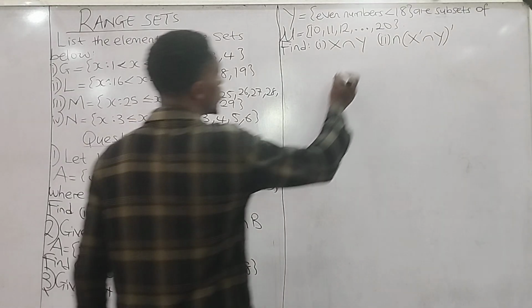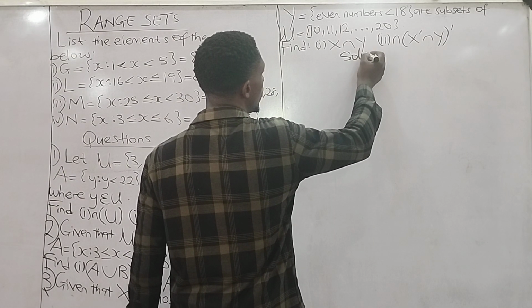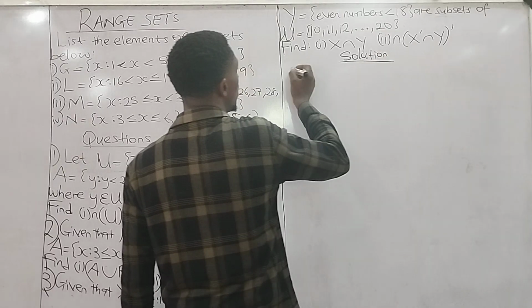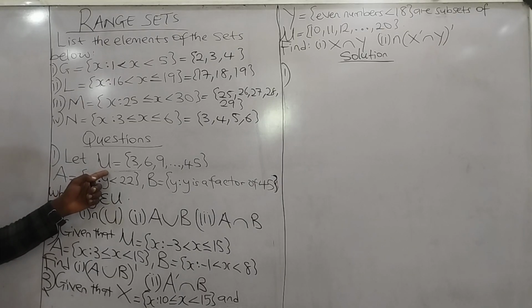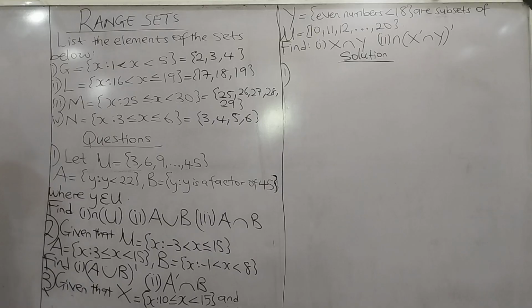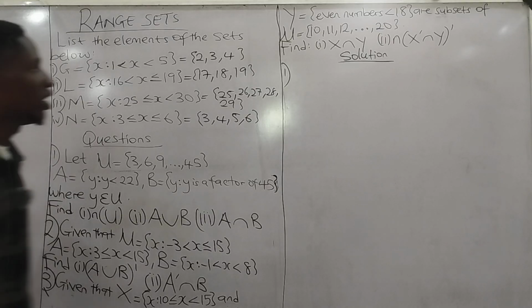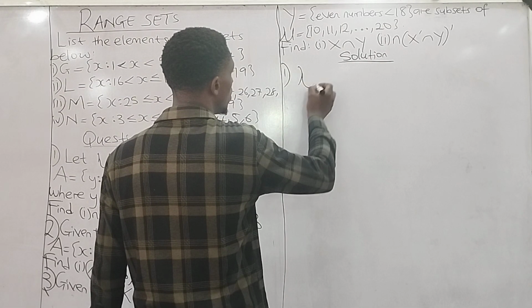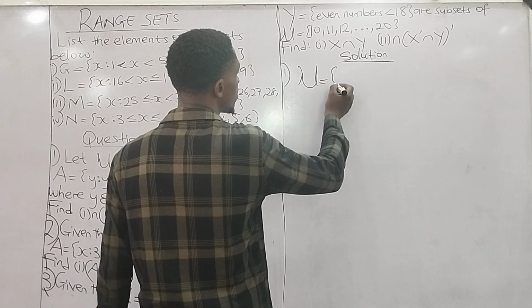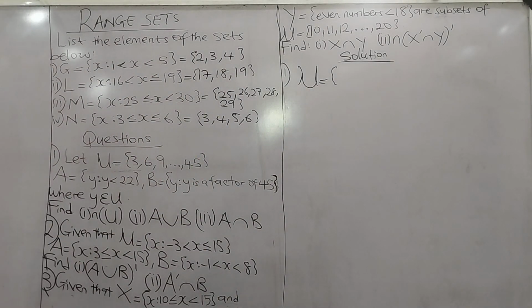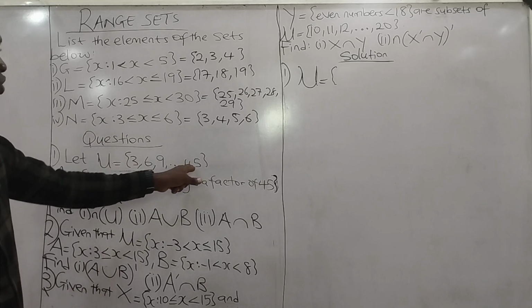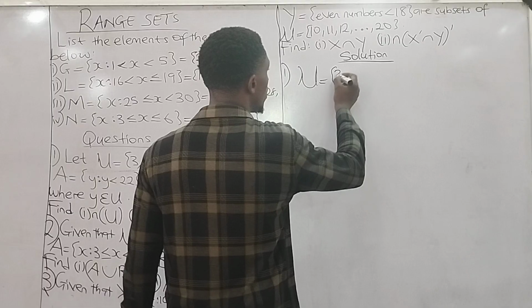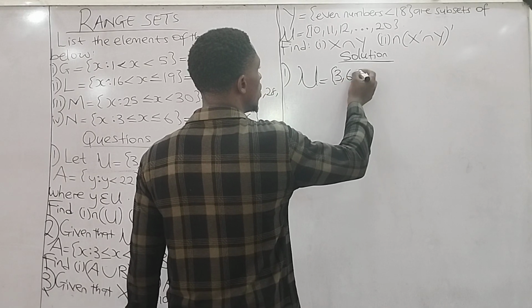Let's go to number 1 right away. So we have number 1 here. You start with this, your universal set. Always start with the universal set. List all the elements in the universal set. So I have set U, which is the universal set, where all the other sets will come from. We have 3, 6, 9 to 45. So I have 3, 6, 9.